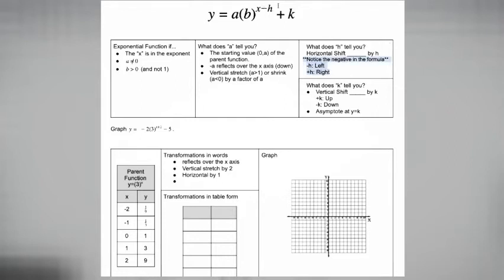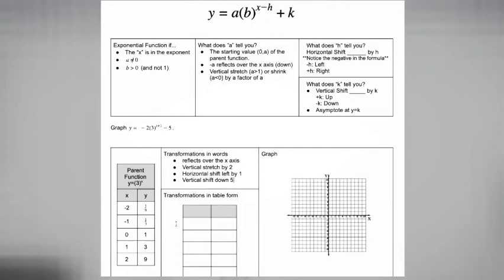So this is a -h. What would I plug in here to make it show up as a +1? Well, I would put a -1, right? So it's actually h = -1, which is left. Horizontal shift left by 1. Now k is a little simpler, it's -5. So it's a vertical shift down by 5.